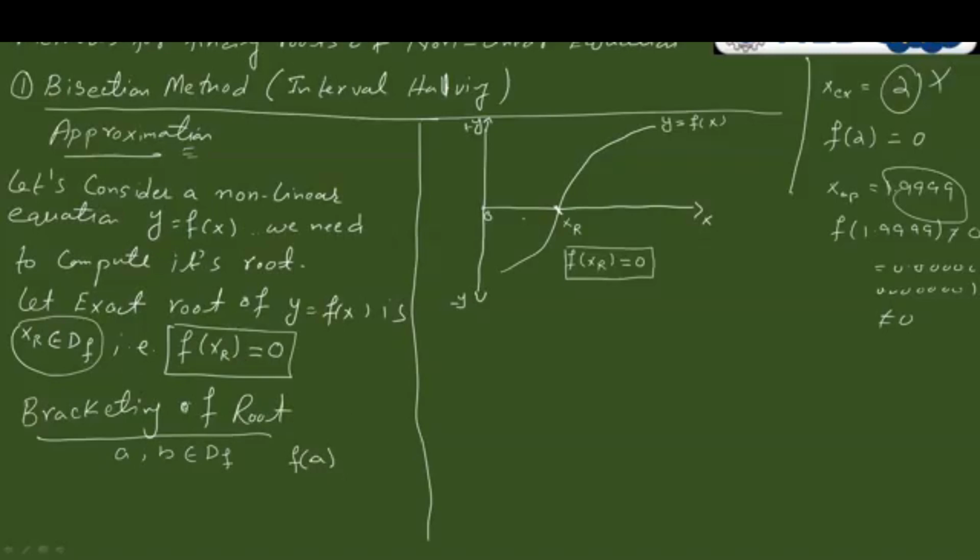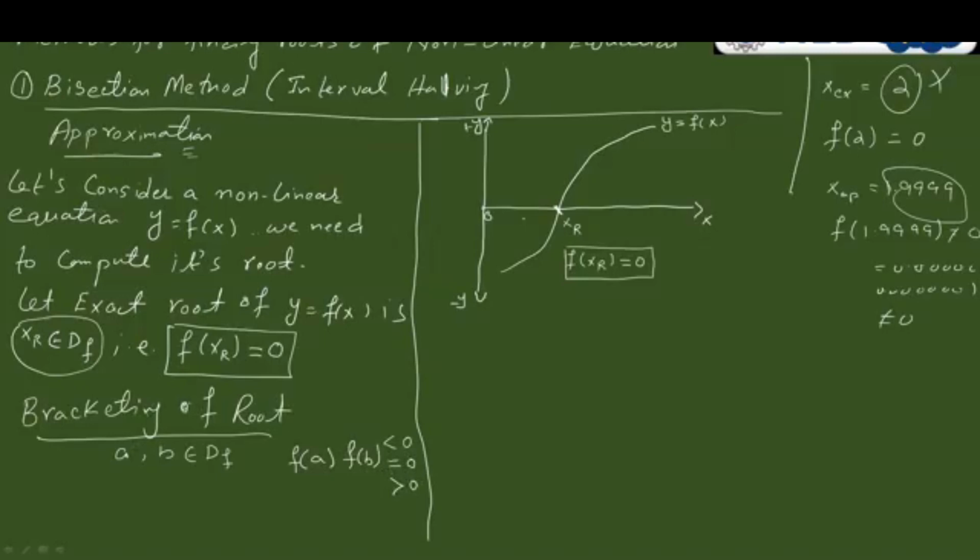And if I multiply those two quantities, f of A into f of B, there are two points, let's say 0.1 or minus 0.2, you can take any of the two points. Then I multiply the values of the function at these points, f of A into f of B. So I have three possibilities for the answer. The product is less than 0, or equal to 0, or greater than 0.